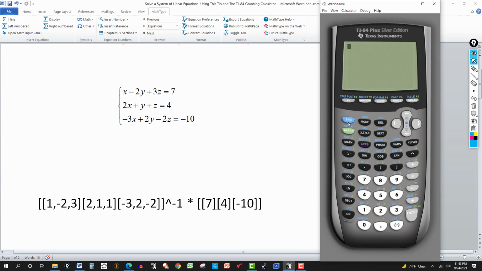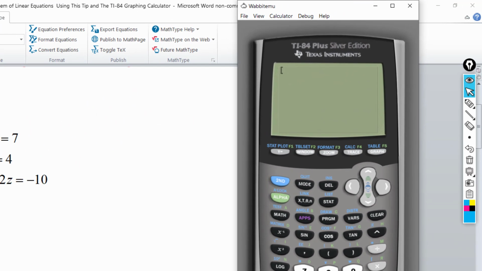So let me begin here by, again, second, and the first bracket, and then another bracket, and then enter the components basically that I have there. And those are the coefficients of the variables for the first equation.